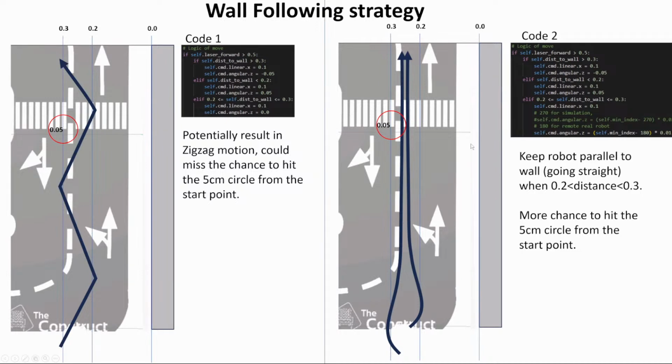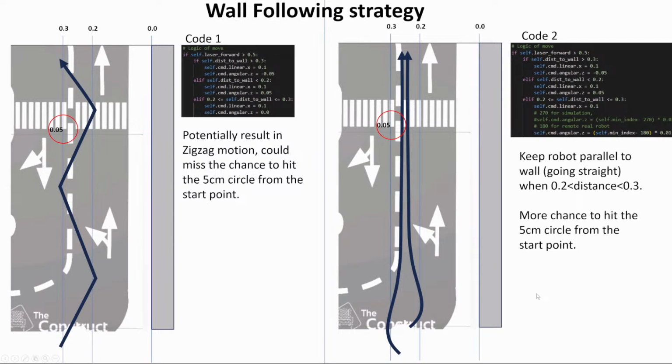So I changed the code slightly to integrate the P function, proportional function, depending on how far they are from going straight. I want to make them go straight when they come into this 20 to 30 meter range, so that they can have more chance to hit the circles.